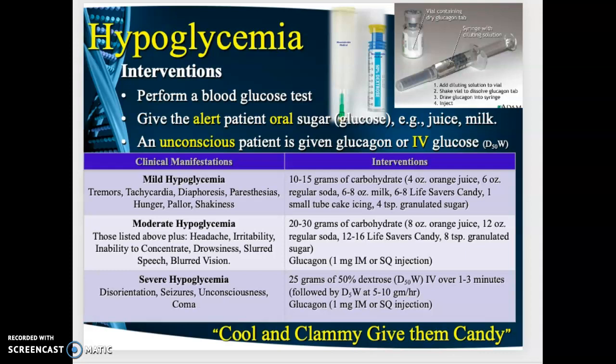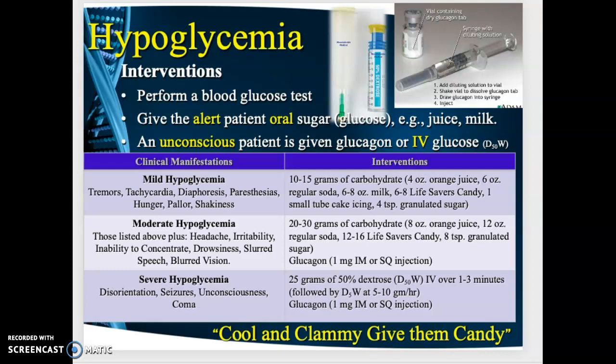And then at this time, a lot of times you're going to call the doctor, and you're going to say, hey, my diabetic patient, I believe, is hypoglycemic, and they'll ask you, well, what is their blood sugar? And you'll say, oh, it's 50 or 40. And then the doctor is often going to tell you, make sure that you give the person some kind of sugar, and they'll write an order for you to proceed.